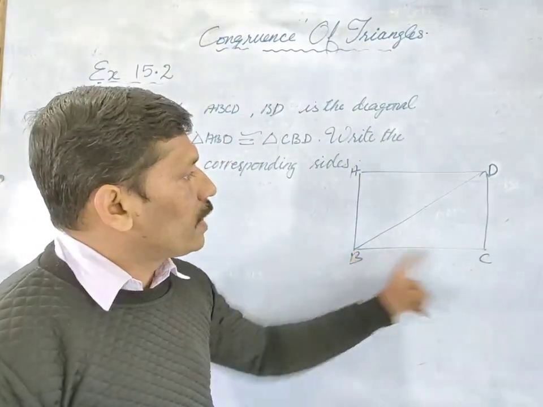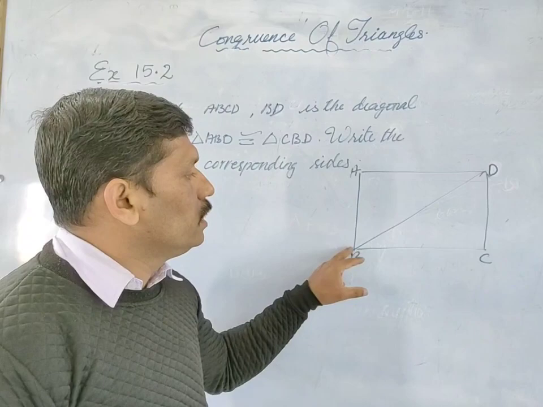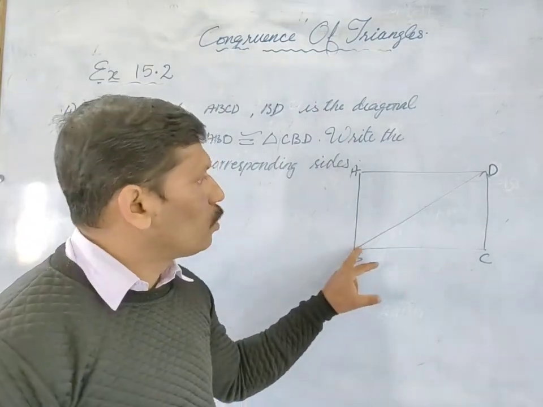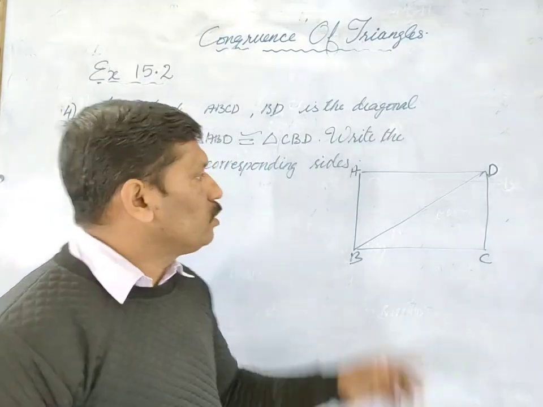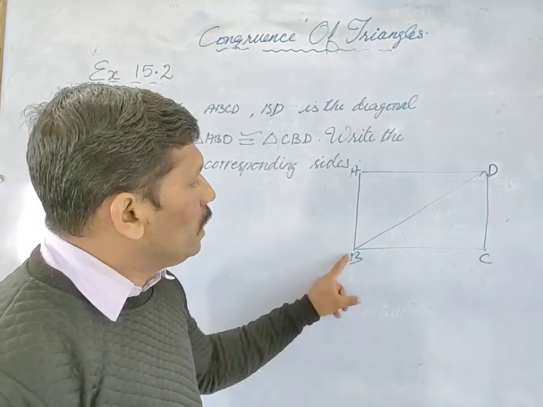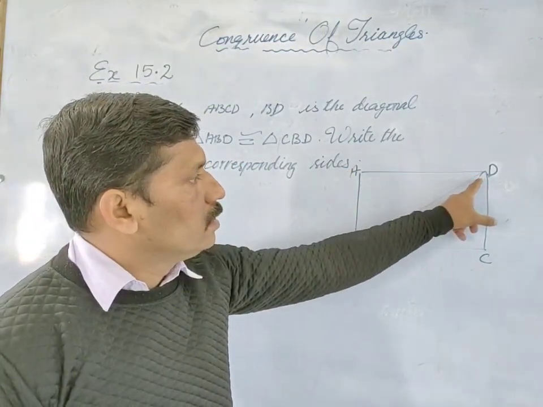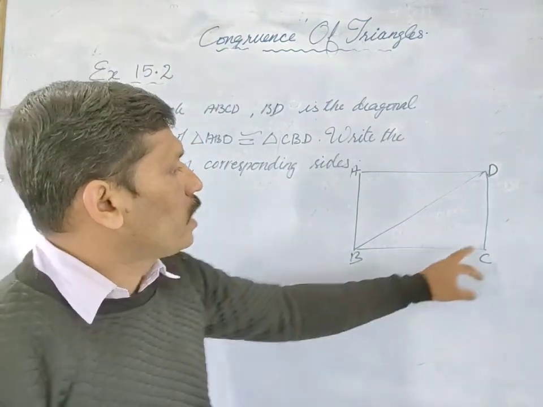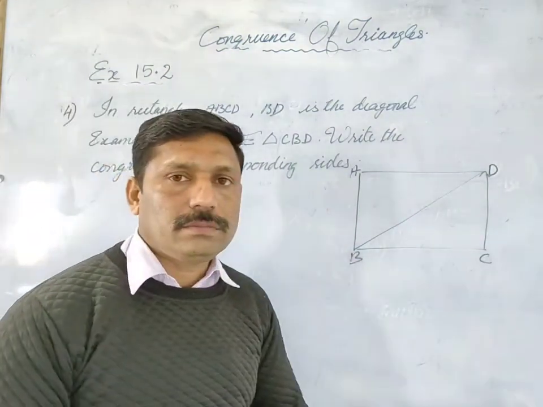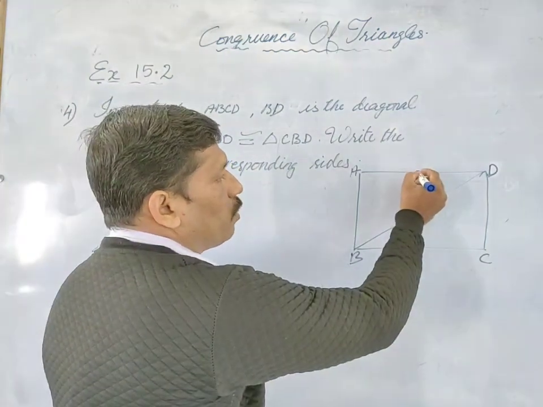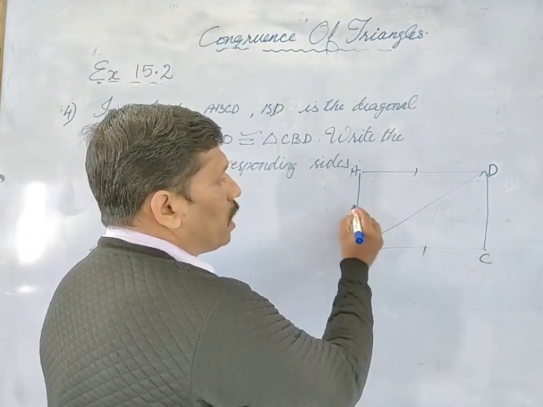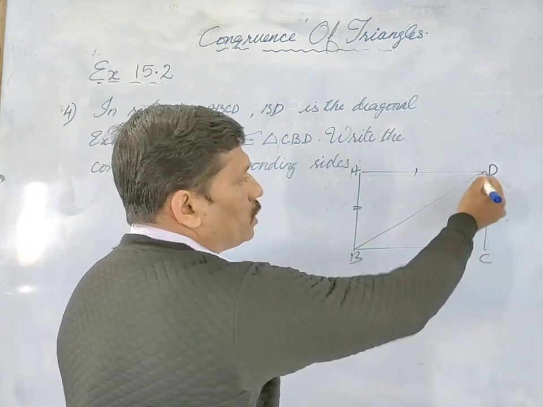So this is a rectangle, and it is divided into two triangles by drawing the diagonal. This is the diagonal, BD. We want to prove that triangle ABD is congruent to triangle CDB. Are they congruent? Yes, because in a rectangle opposite sides are equal. This side is equal to this side, and this side is equal to this side, and this is the common side.